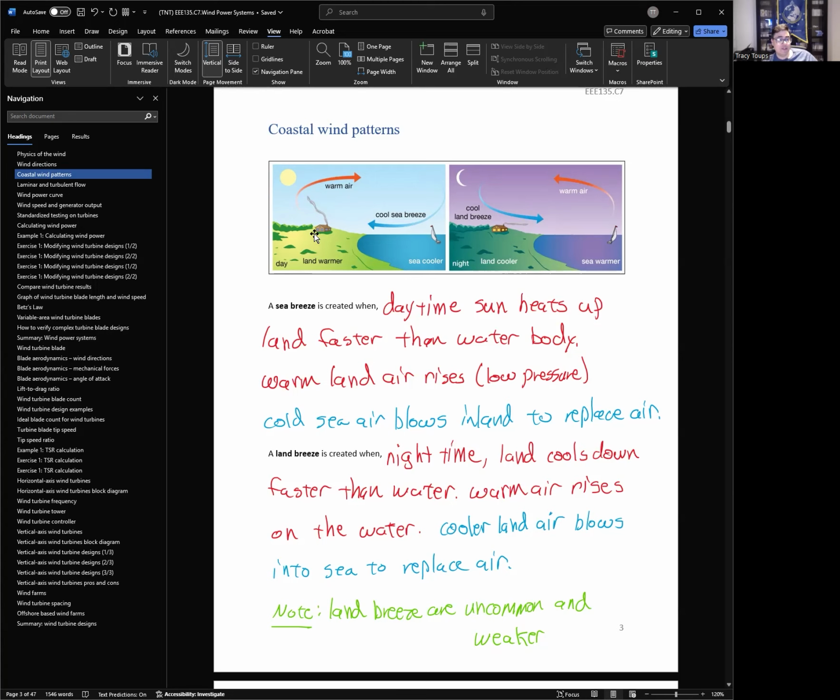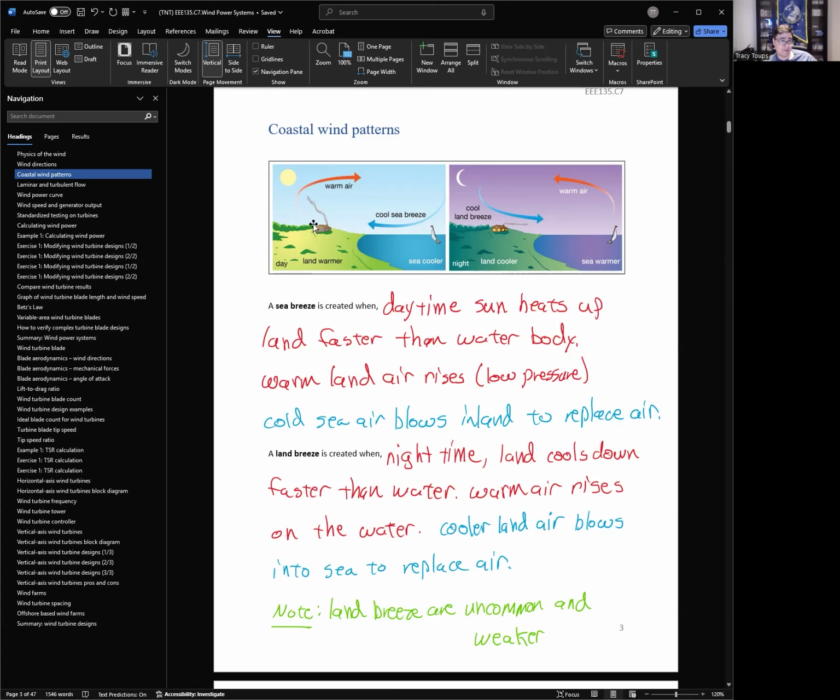Because the air is leaving, you're creating a low pressure system on the land. Cold sea air is higher density, so it will want to move onto the land. As the warm air goes up into the sky, the cool air from the sea sweeps in to take its place. And that's where you get that cool sea breeze.